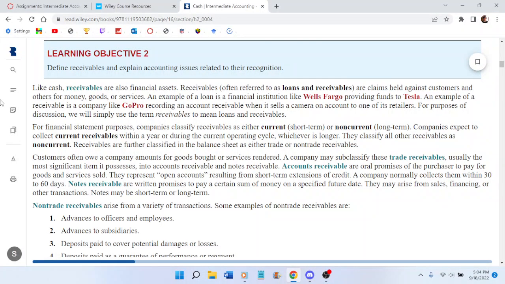Accounts receivable are oral promises of the purchaser to pay for goods and services sold. Notes receivable are written promises to pay a certain sum of money on a specified future date.